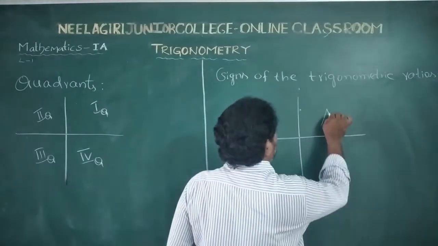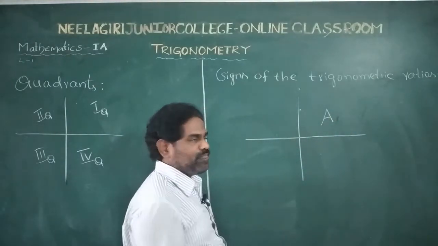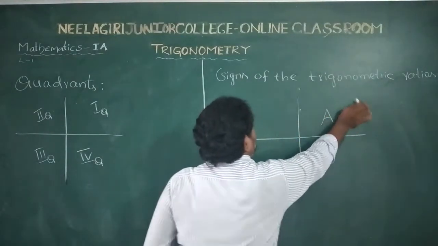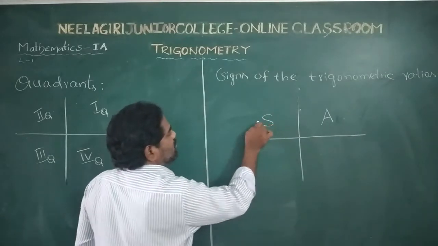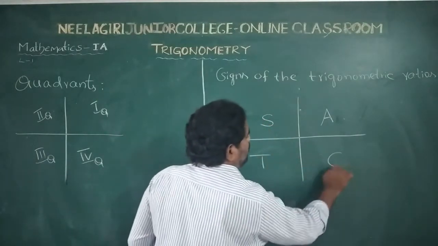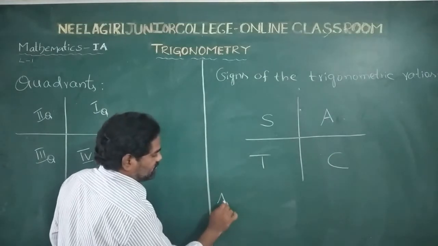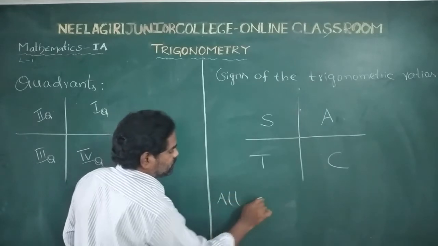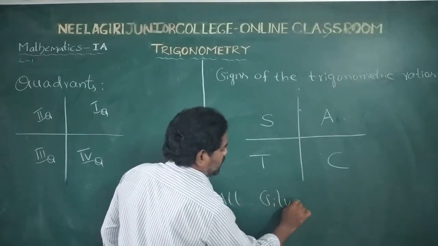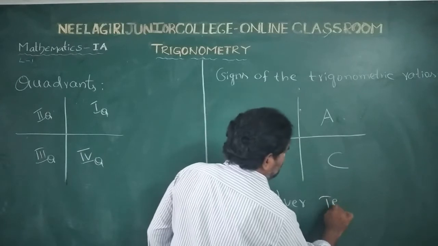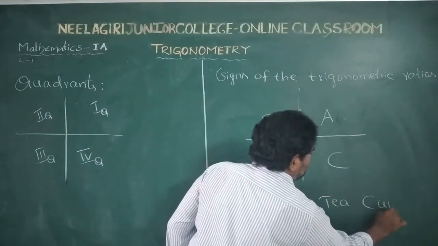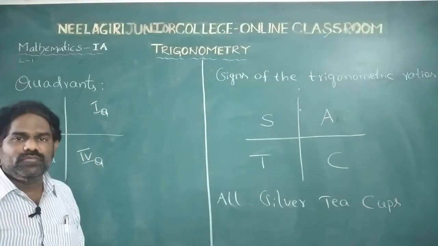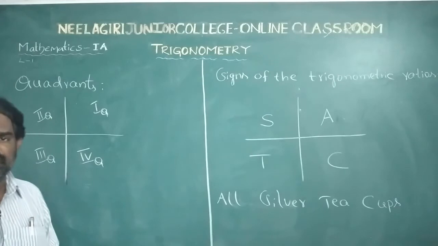We have a statement: All Silver Teacups. This is a statement to identify the trigonometric ratios easily.